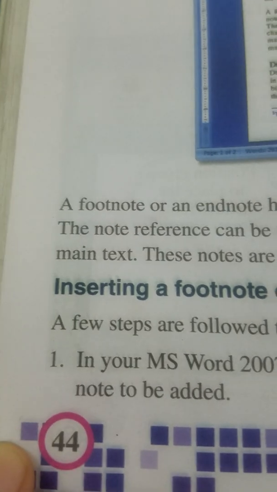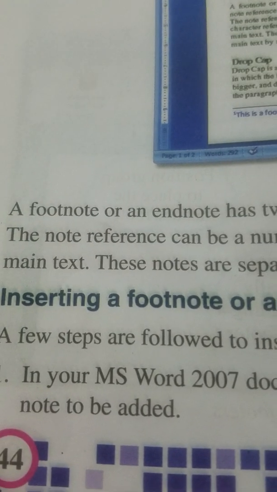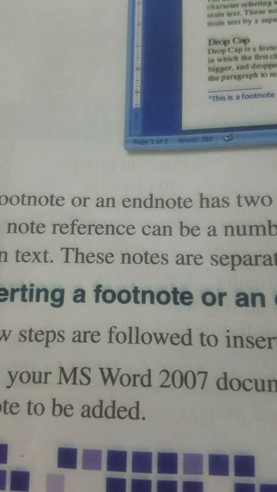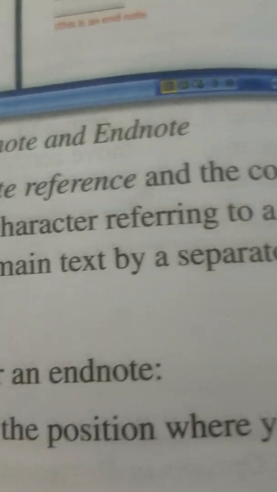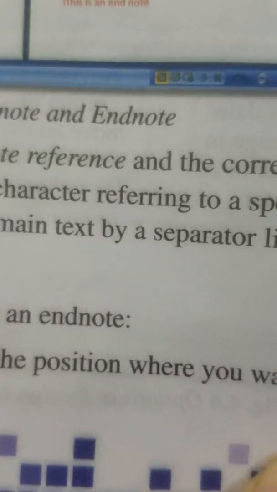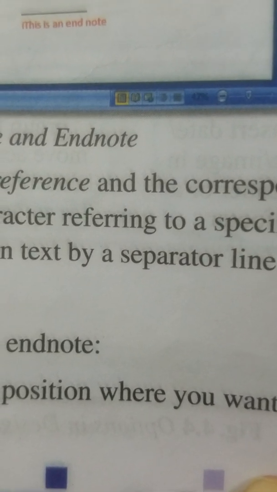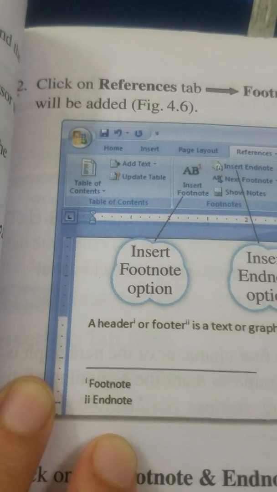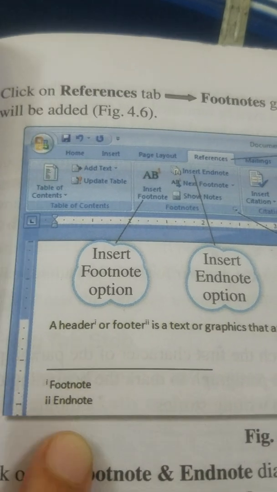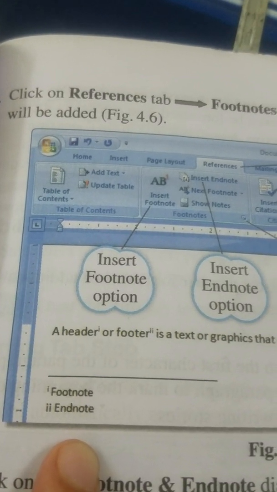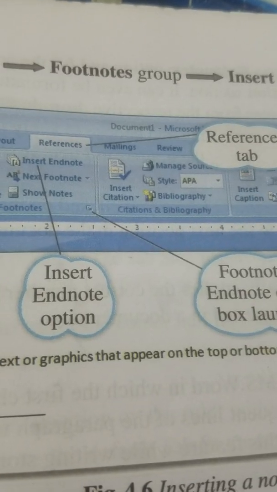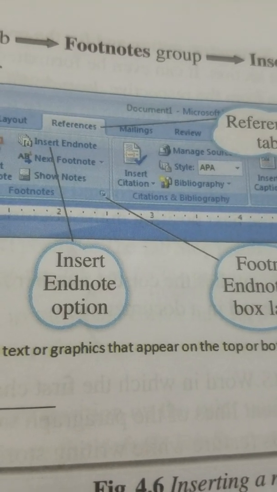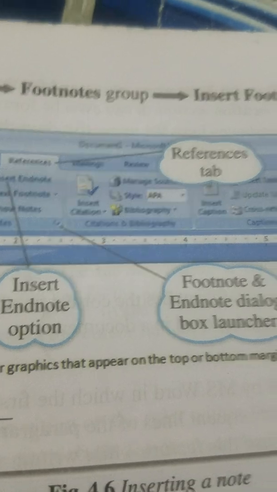First, in your MS Word 2007 document, click on the position where you want a reference for a note to be added. Step 2, click on the Reference tab, Footnote group, Insert Footnote option. A footnote will be added.